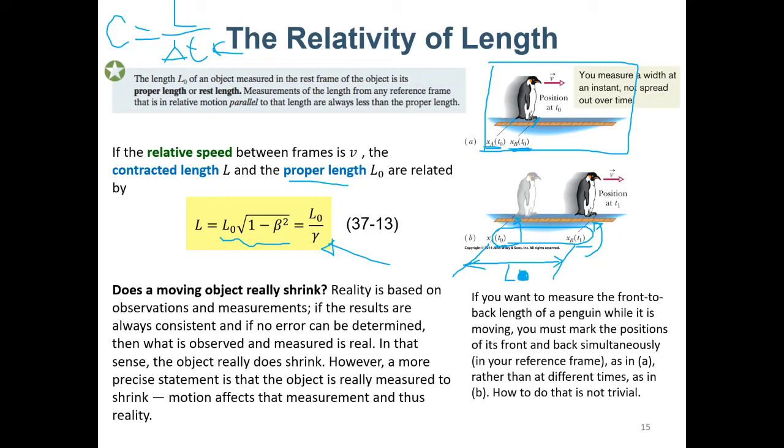It mentioned that if you want to measure the front to back length of a penguin while it is moving, you must mark the position of its front and back simultaneously in your reference frame.